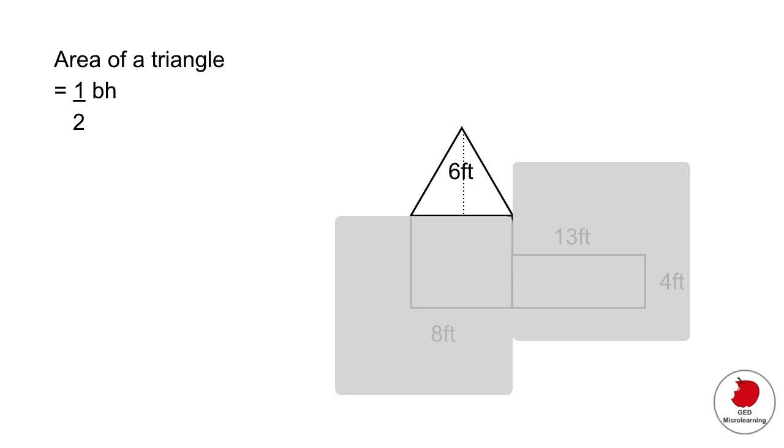So we have to find out the base, which we just found out because remember that this side at the bottom was 8 feet as well, because it was that side of the square. So all you have to do is plug these 2 numbers in. Base is going to be 8 multiplied by the height, which is 6. 8 times 6 is 48, divided by 2 is 24.